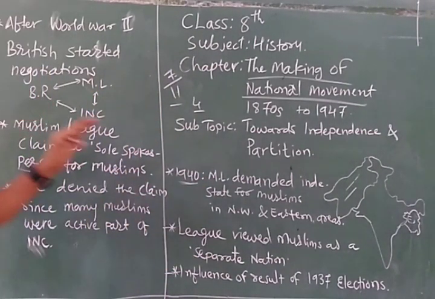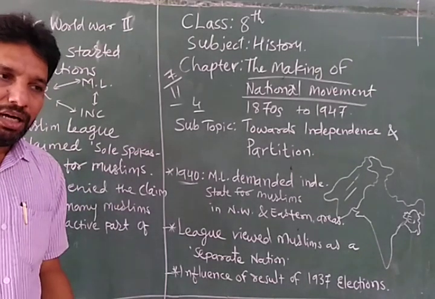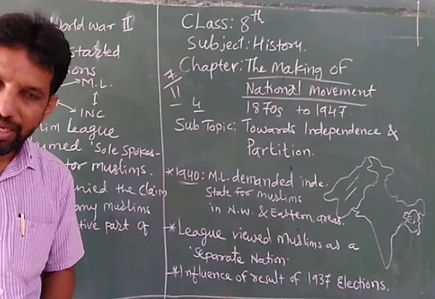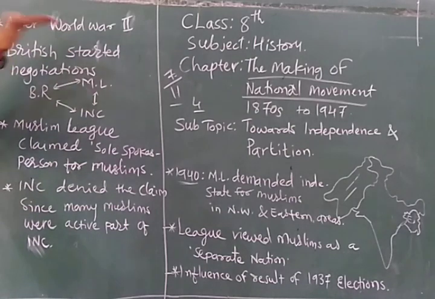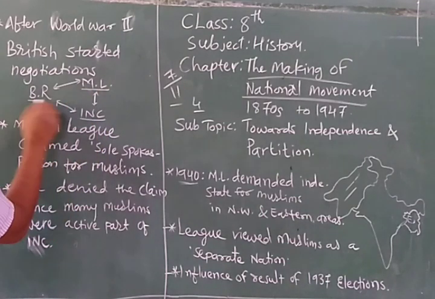Now let us see what happened next after World War II. The war was over in 1945, and the British government now decided to make India a free nation. It opened negotiations with the Muslim League, with the INC, and with themselves.